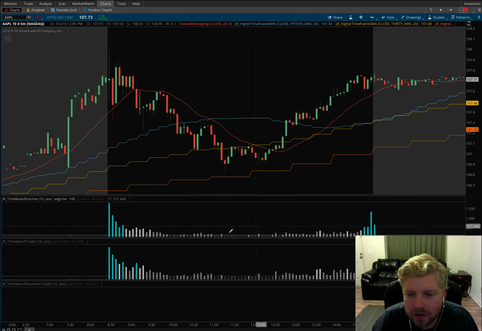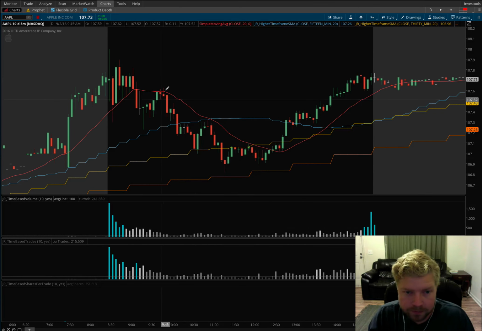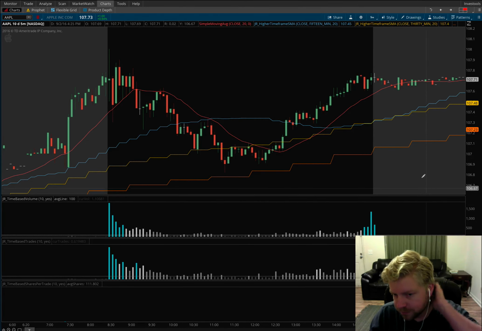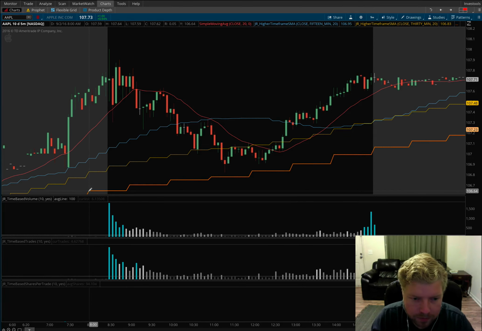So here we've got the 5-minute, the 15-minute, the 30, and the hourly all on the same chart at the same time. Now the hourly, you can see that one of the hours of the day spans both the extended hours pre-market and the regular trading hours.